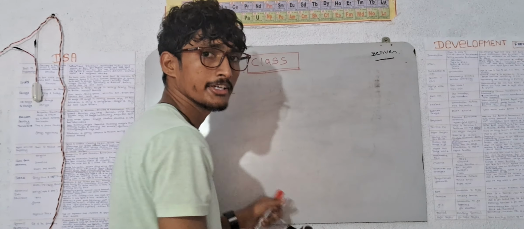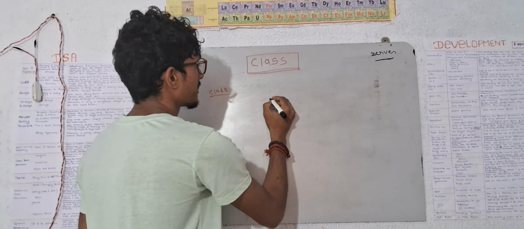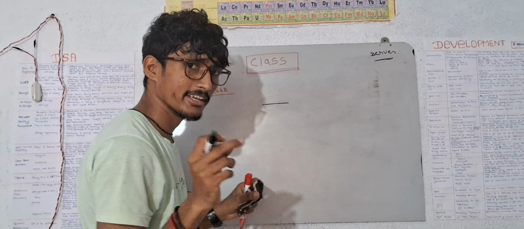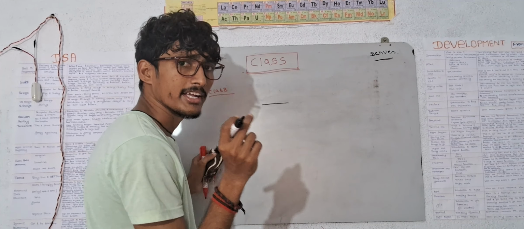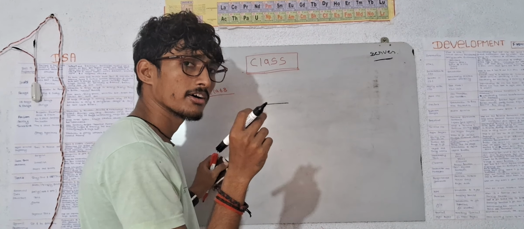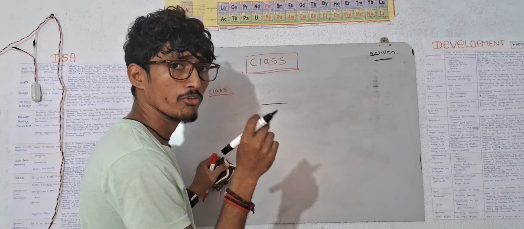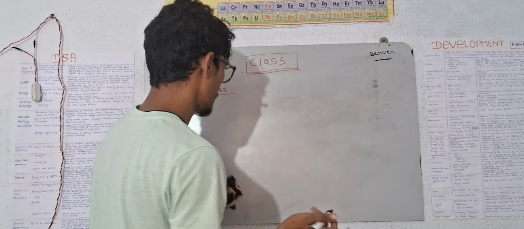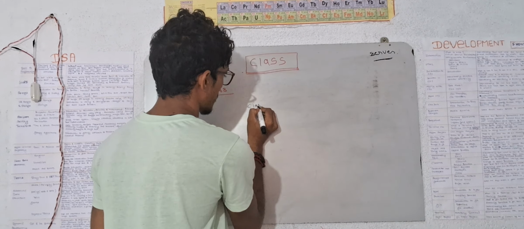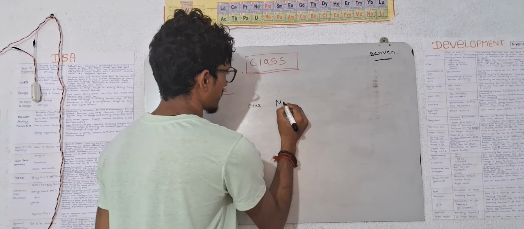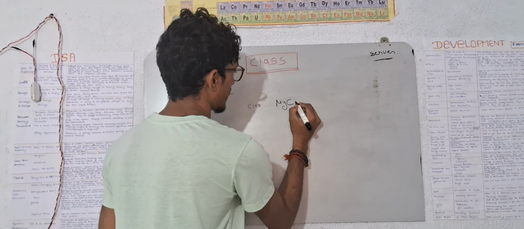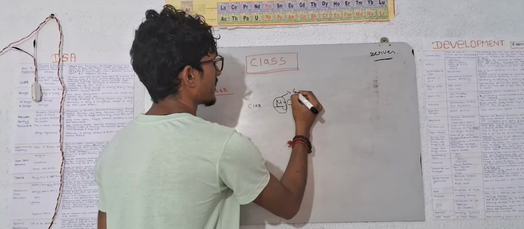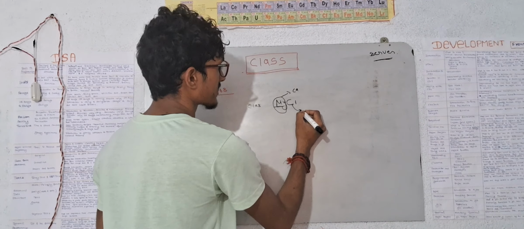To identify a class, see the case or letter of the class. If you want to declare a class, the first letter of the class name should be in uppercase. Let's see: class MyCL. The first letter is capital, M capital, and here C capital.